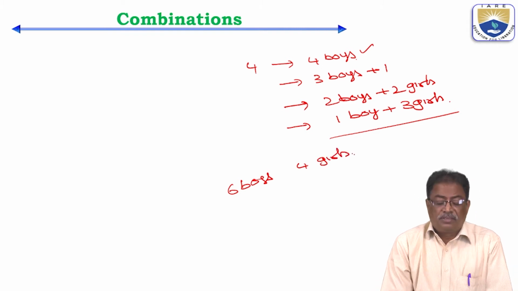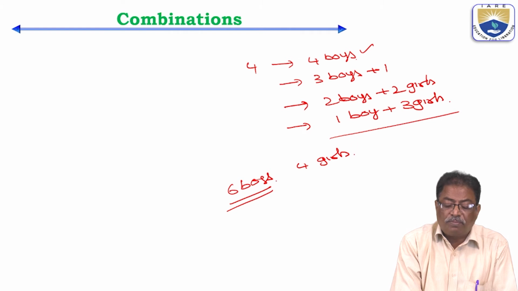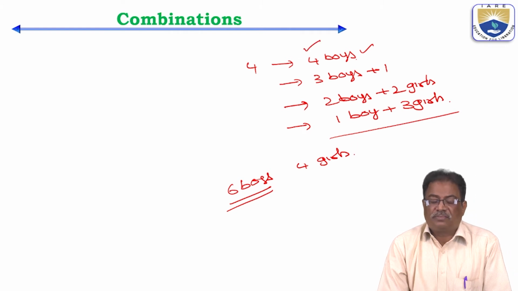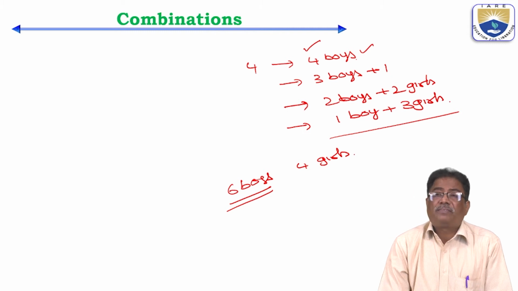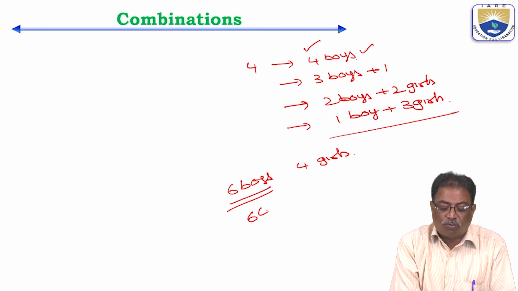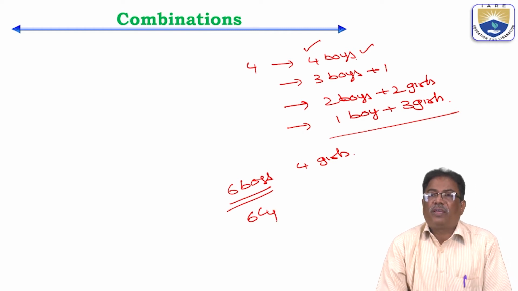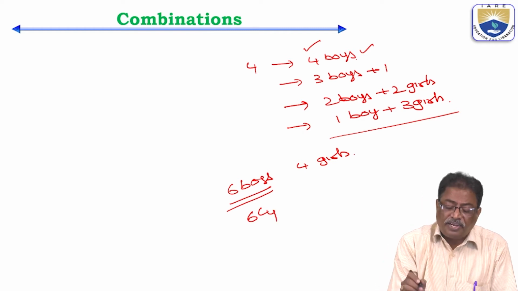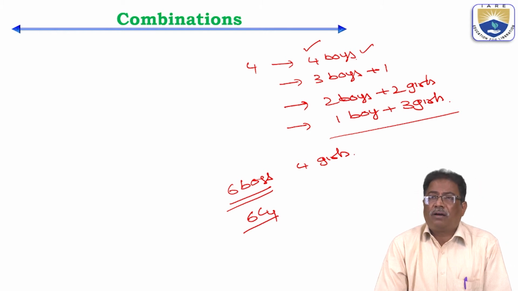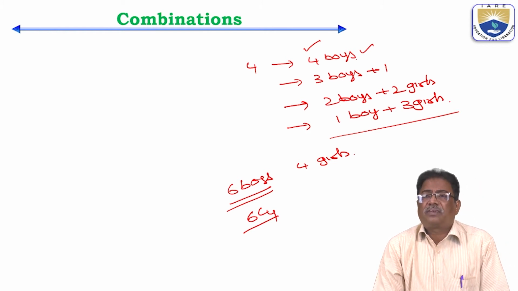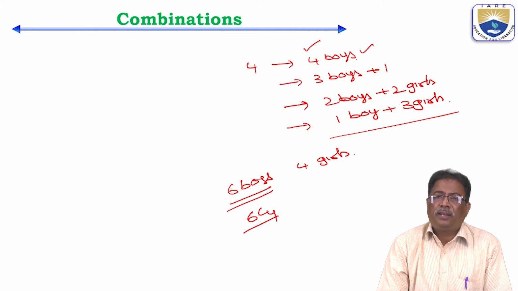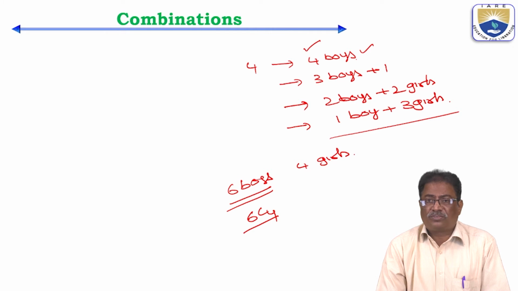Now, from the 6 boys, how many ways can we select 4 boys? That is 6C4 ways. If I am selecting all 4 as boys, there are only 6 boys, so out of 6 we have to select 4.